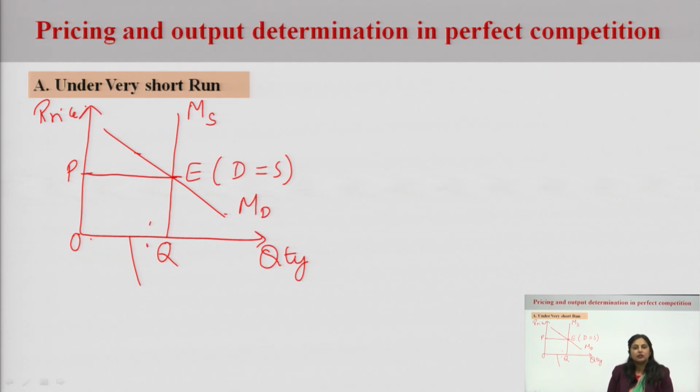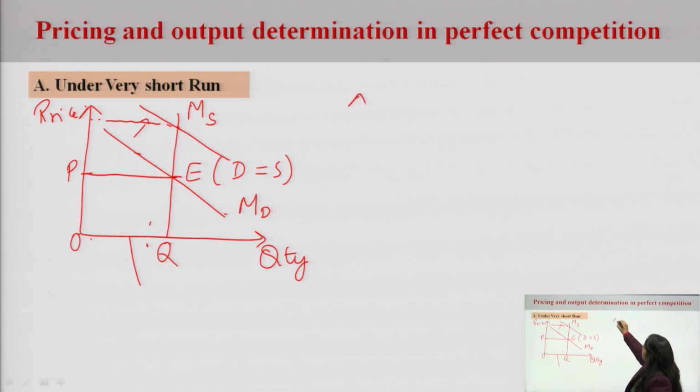So, in the very short run, we can say the prices are dependent on the demand and supply, where supply would be constant. Like, suppose demand increases for that day, so the demand curve would shift upwards. If the demand increases, the price will increase.